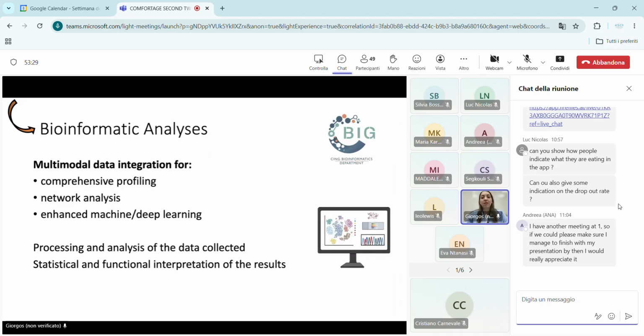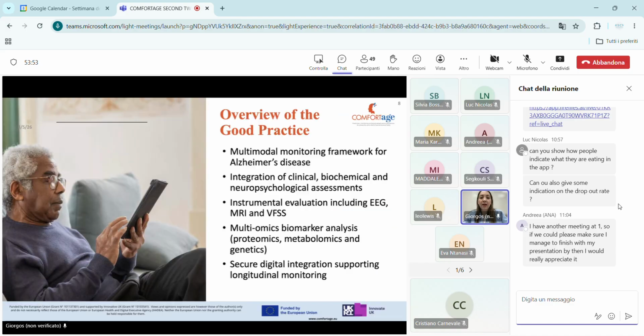The clinic is also in close cooperation with the bioinformatics department, who are going to do the bioinformatic analysis, the multimodal data integration for comprehensive profiling, network analysis, and enhanced machine and deep learning. Their aim is to do the processing and the analysis once the data are collected.